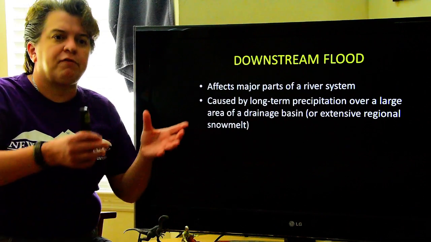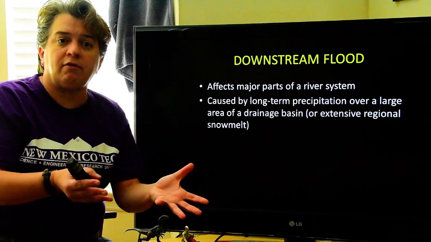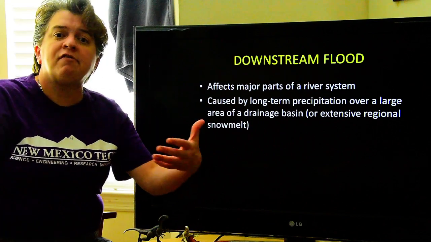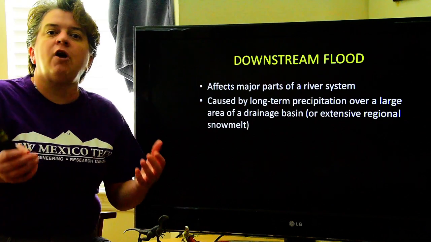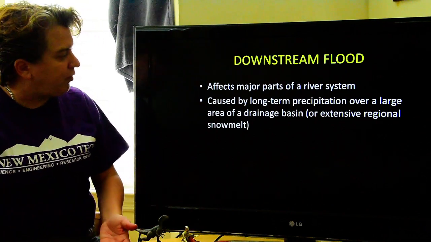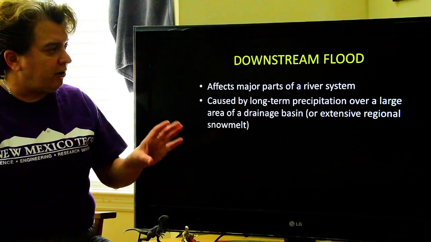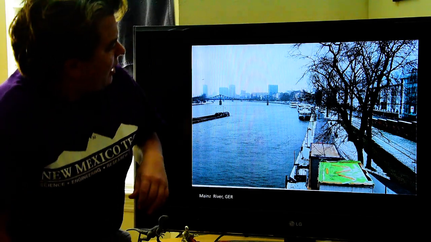So you might have a storm along a frontal system that stalls, and so it rains for days and days over a place. Or maybe you had a really snowy winter and then all that snow melts and causes a flood. But this is going to affect a large area of the drainage basin.